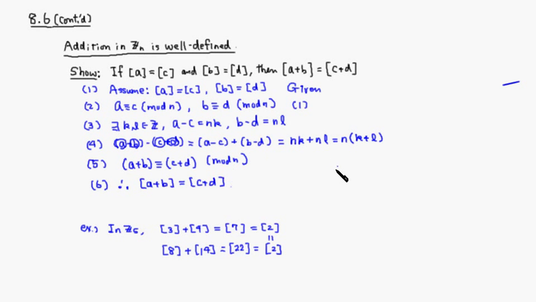This shows that addition in Z mod n is well defined, because there's no inconsistency: it doesn't depend on the choice of representative for the same equivalence class. That's it. I hope that this was clear.